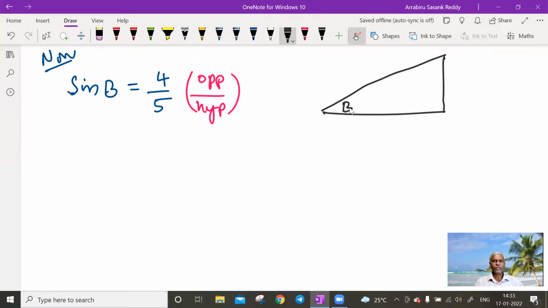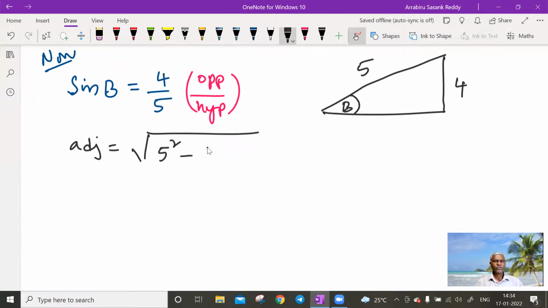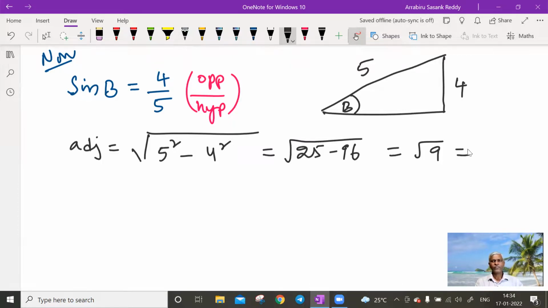This is angle B, the opposite side is 4, the hypotenuse is 5, and we have to find the adjacent side. It is the square root of hypotenuse squared minus the given side squared. So 25 minus 16 is root 9, which is 3. So this side is 3.